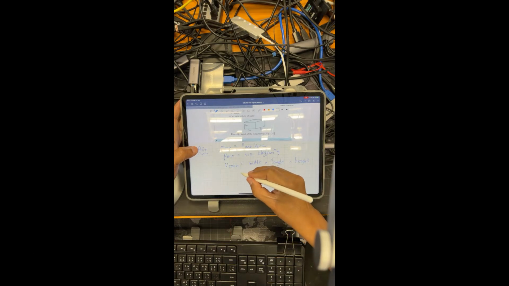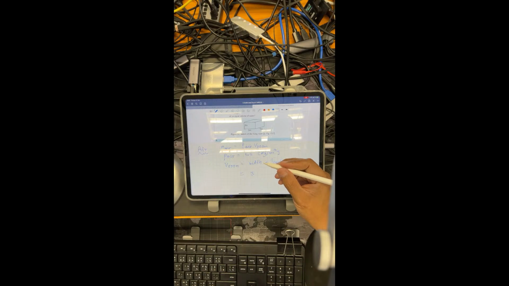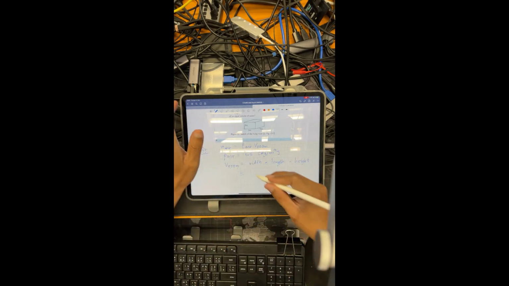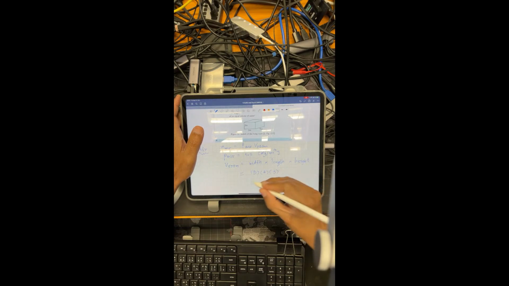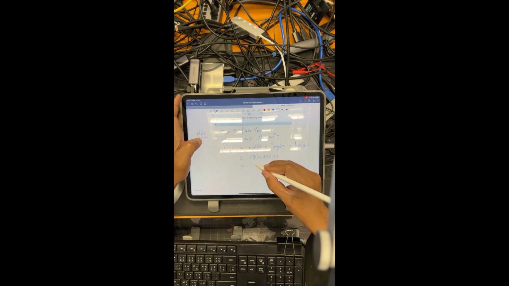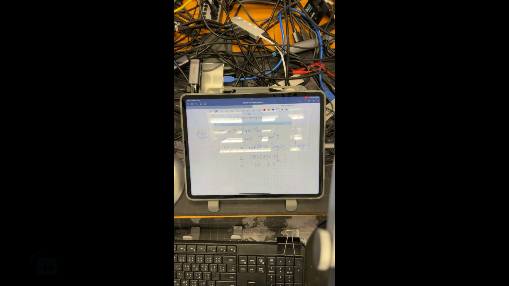Here the width is 5, the length is 4 and the height is 3, so we have 60 cubic meter, and that's the volume.